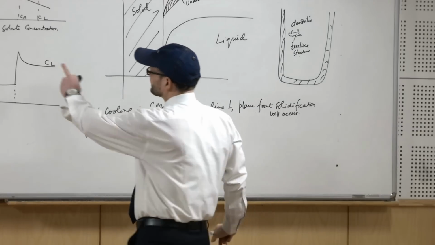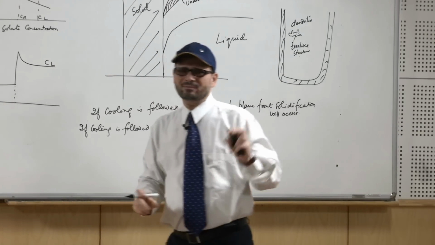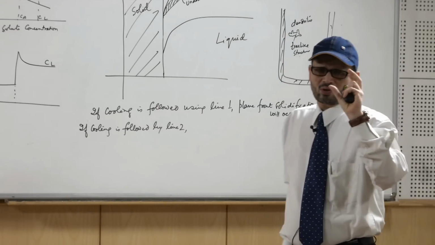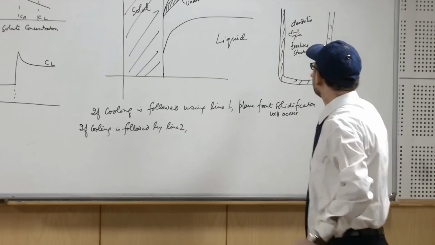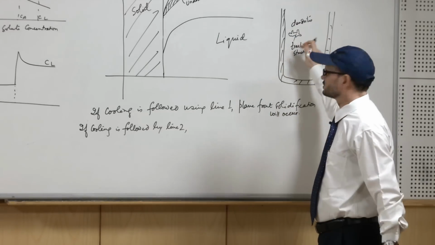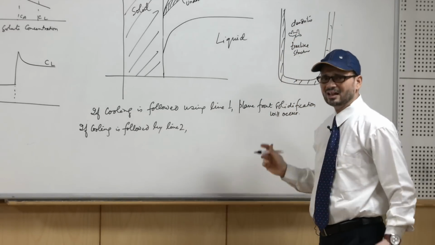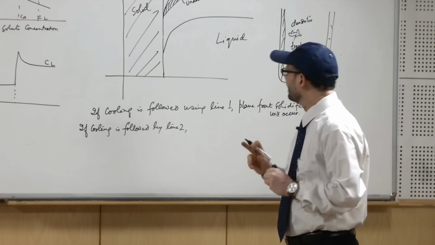So, in this case you get a dendritic type of structure. As we see, you have an equiaxed zone followed by a columnar dendritic structure. In this case it will grow certainly in this direction, but you have a dendritic type of structure.